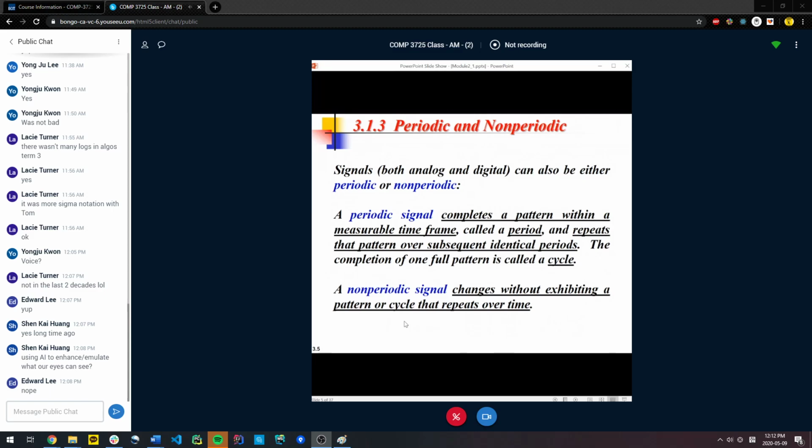A periodic signal has a pattern to it, and the pattern itself repeats over and over again. Each time we repeat this pattern, we call it a period, and the complete repetition is called a cycle. Can you give me an example of a periodic signal?